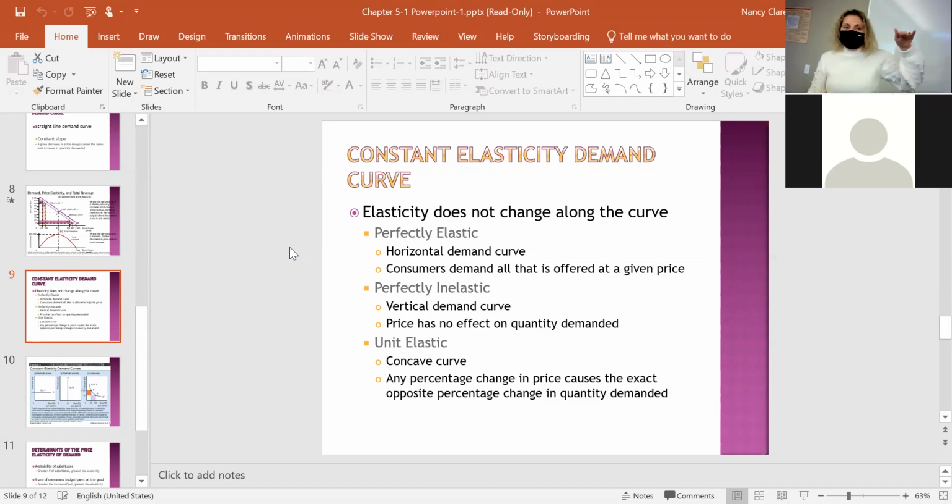But price would remain the same all along that perfectly horizontal demand curve. What that would tell us is that consumers were willing to take all that was available for some given price, but that if we tried to charge them even a penny more for that thing, demand would go to zero.